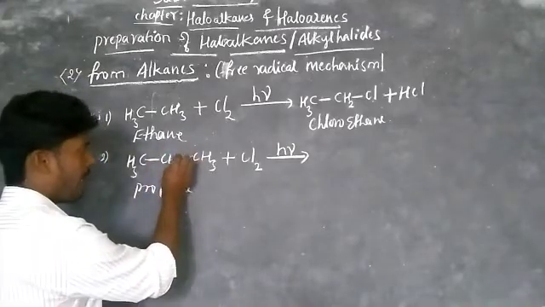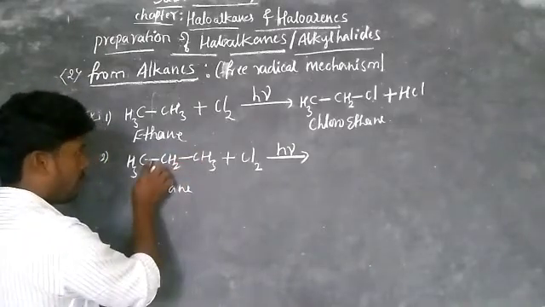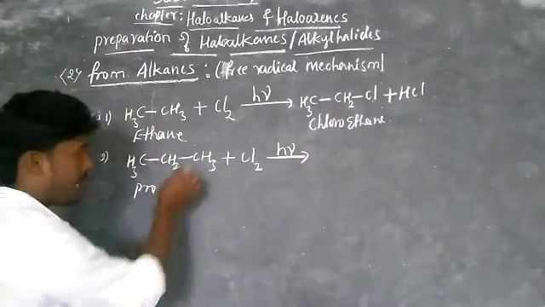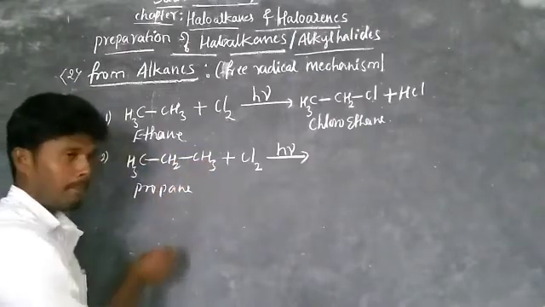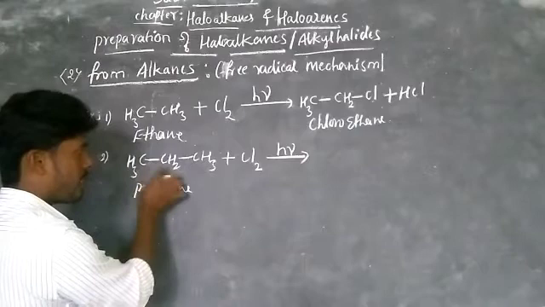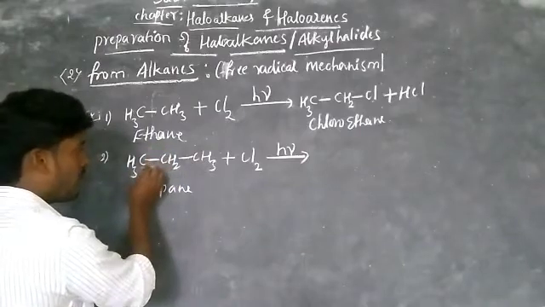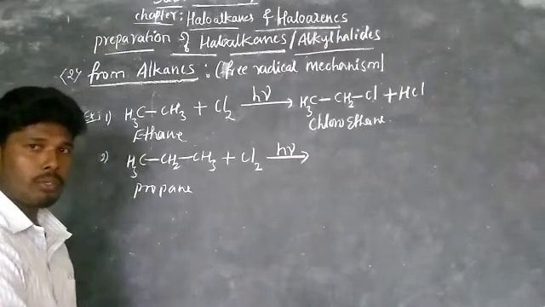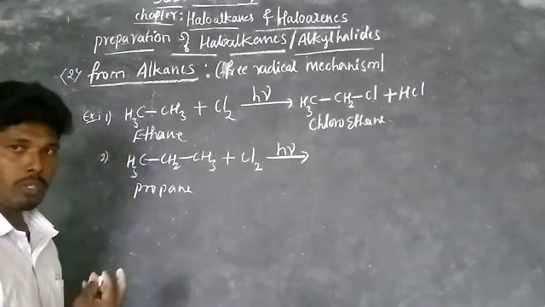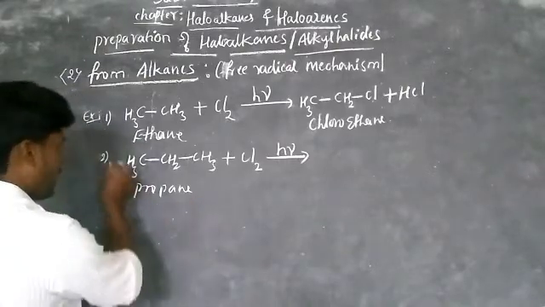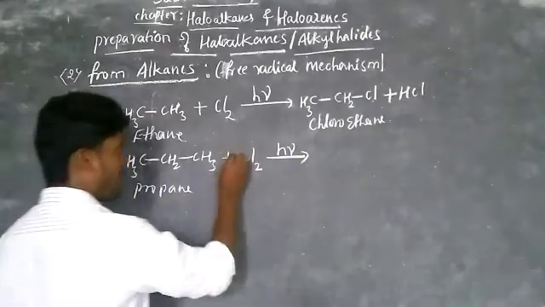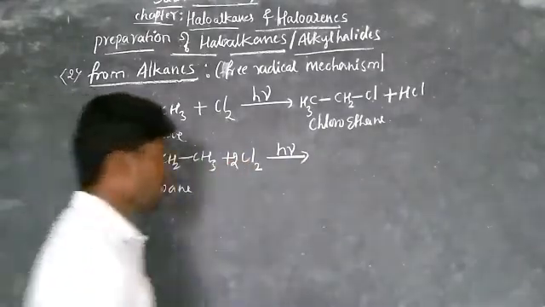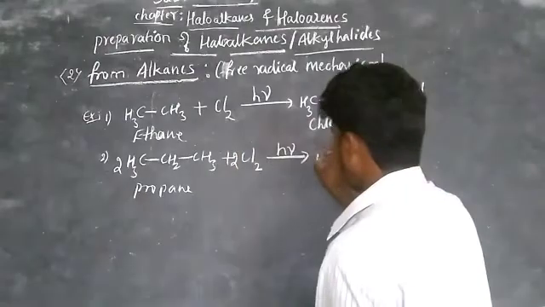Here, if you break anywhere between these two bonds, you get an unsymmetrical molecule. One side CH3, another side CH2 and CH3. If you break here, CH3 and CH2CH3. Hence, it is an unsymmetrical molecule, so you get two compounds. To balance the equation, take two equivalents of propane and two equivalents of chlorine molecule. You get CH3.